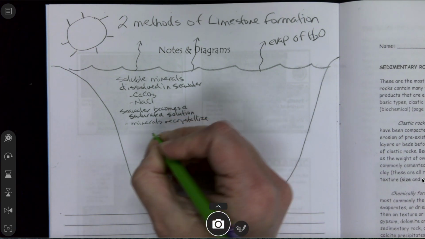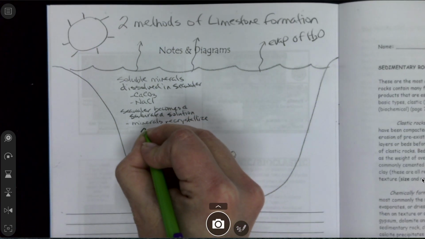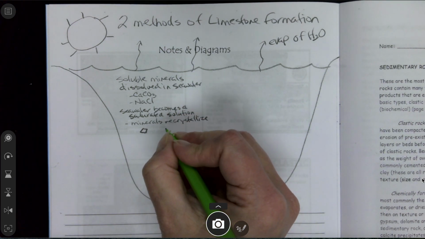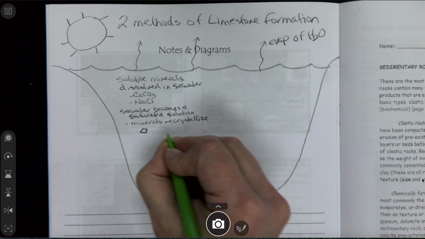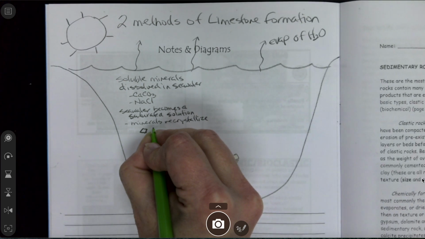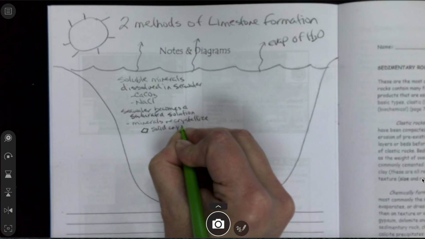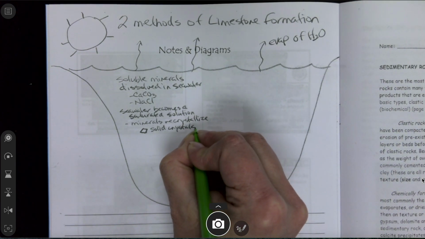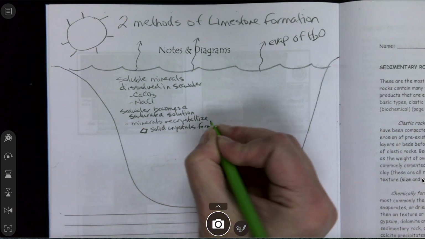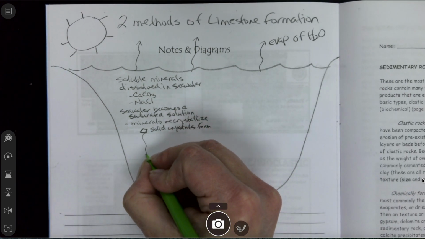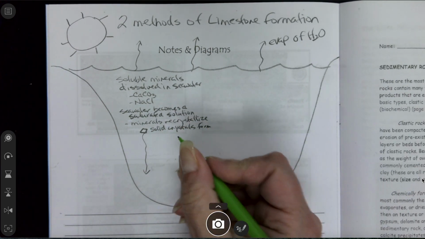All right, so let's say you have this little crystal of calcium carbonate. Note I drew it like a rhombus. So what happens is solid crystals form. And because solids are more dense than liquids, these crystals precipitate.